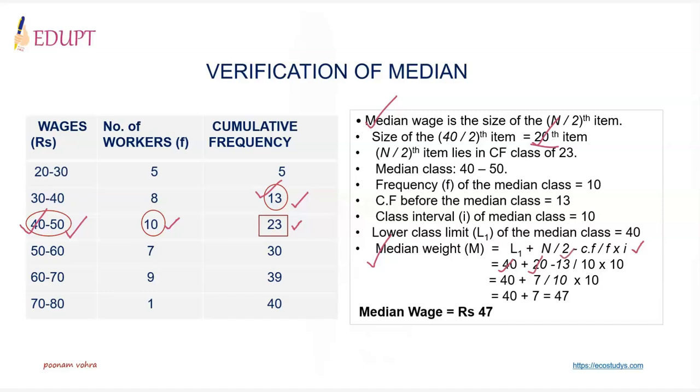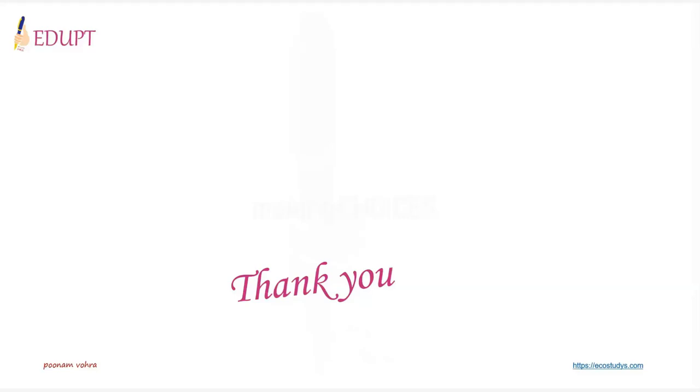Frequency is 10 divided by 10 multiplied by class interval, which is 10. So multiplied by 10. And by calculating, we get 47. So median wage is 47. That's what we found graphically. So it is verified. I hope you have understood how to locate median graphically.